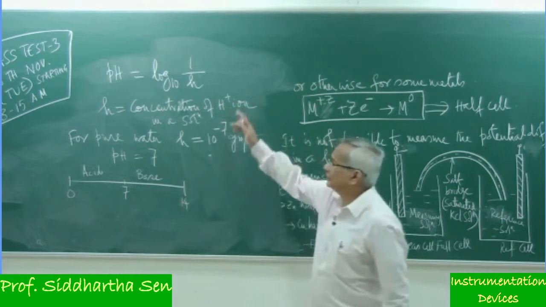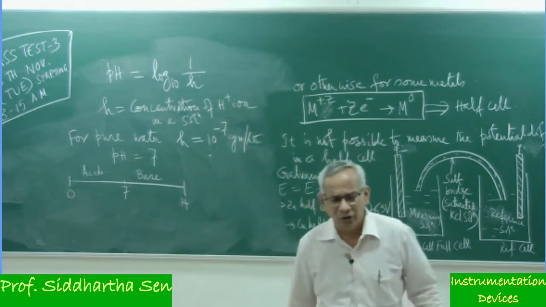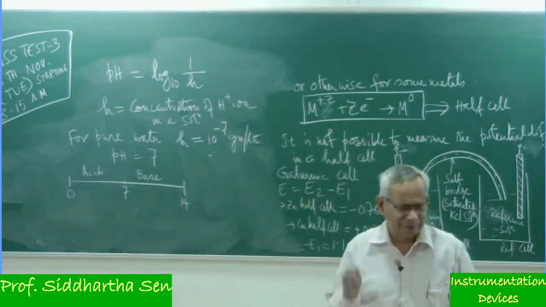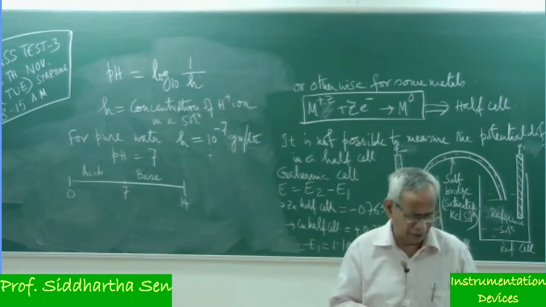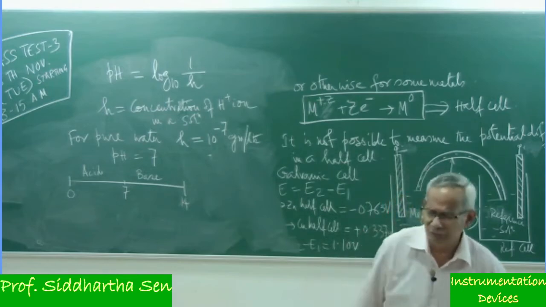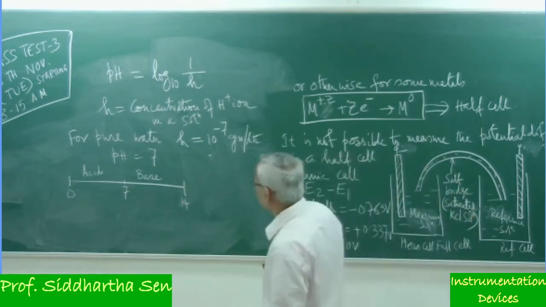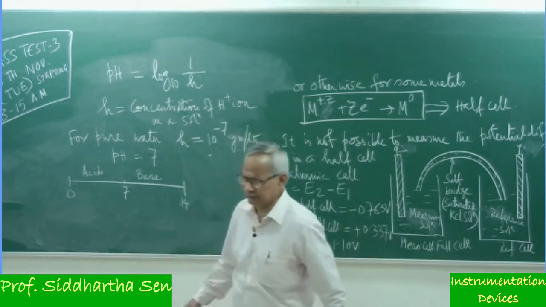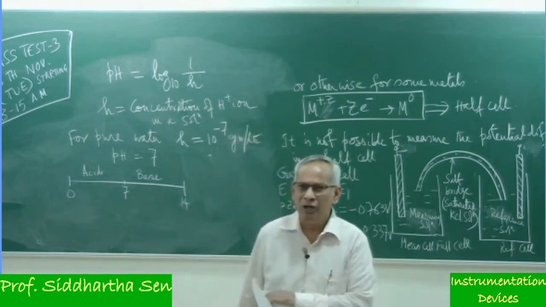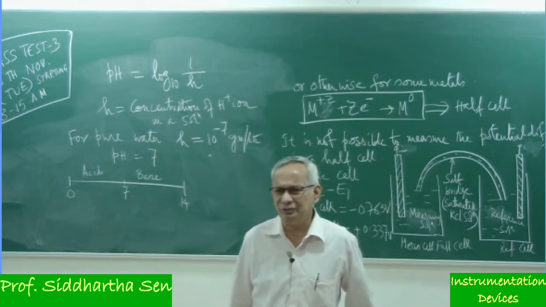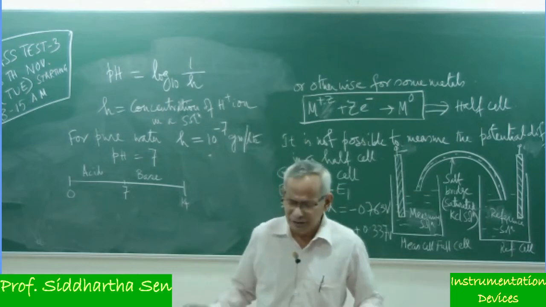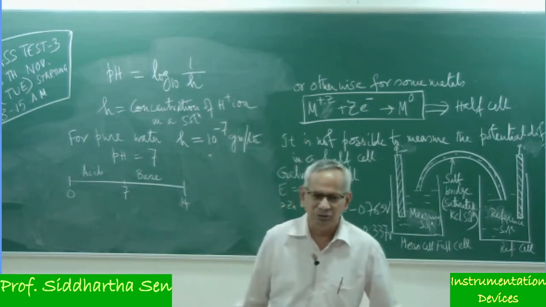We express it in logarithmic scale because we can get the pH within the range of 0 to 14. Most of the things will be satisfied there. So a wide range of variation of concentration can be catered for and scaled down to this level.